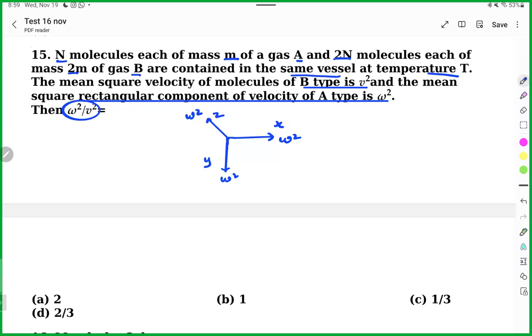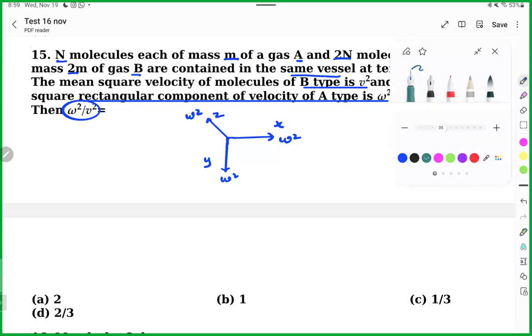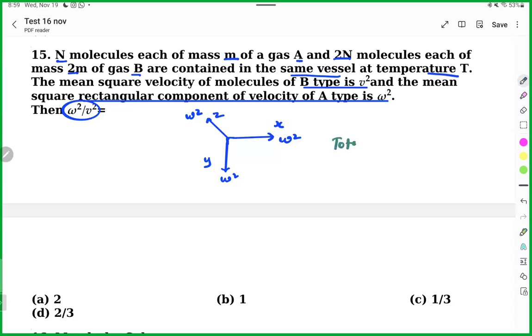So the total speed in all three directions, x, y, and z, all added, will be 3 omega square. Correct. And now you have to see that they are at the same temperature and in the same vessel, so their kinetic energy will be the same.